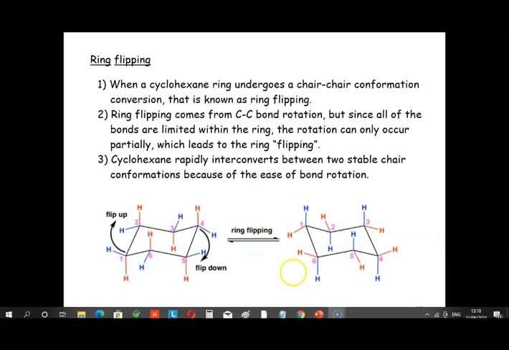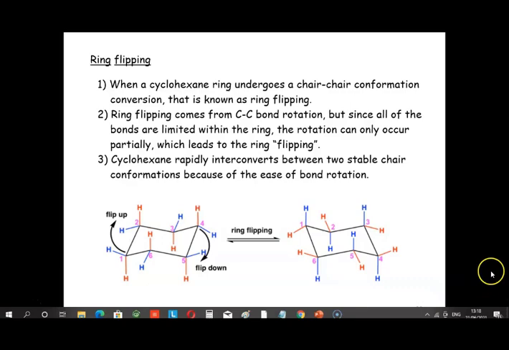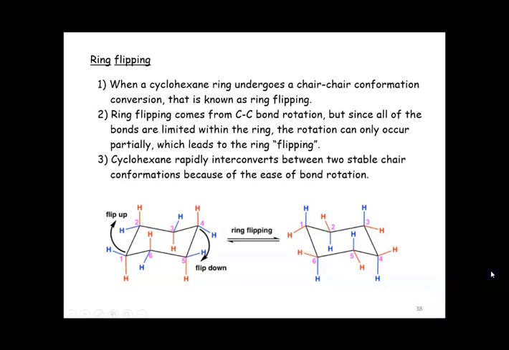Now let us see what is ring flipping. When a cyclohexane ring undergoes chair-chair conformation conversion, the phenomenon is called ring flipping. Now if we observe these two figures, the V at the left hand side is pointing down and the V at the right hand side is pointing up.